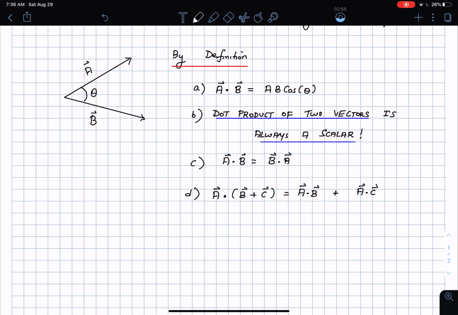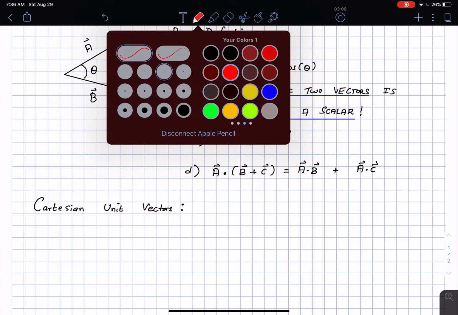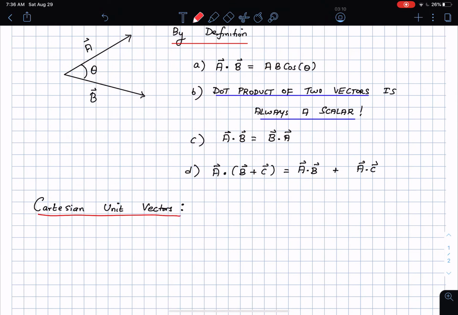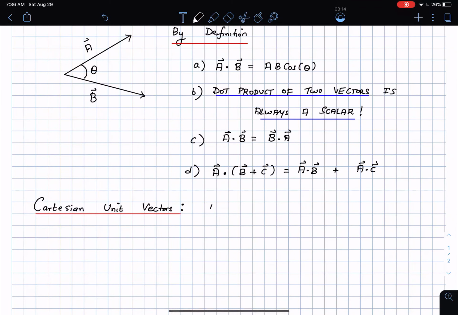Now I'm going to consider Cartesian unit vectors. These are typically in the three-dimensional situation. These are i, j, and k.